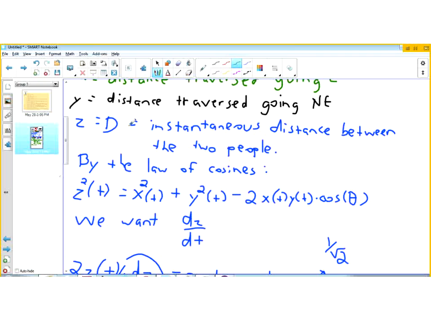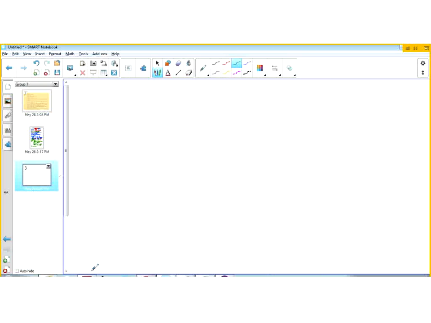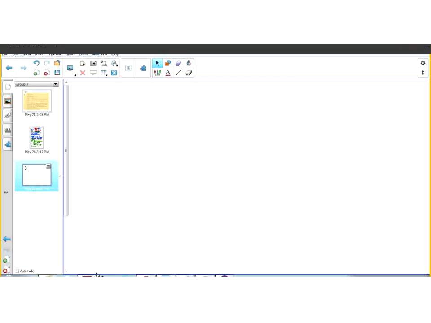Let me see, 23. So let's talk about problem number 23, on the next page in the text. I'm going to paste it into the whiteboard session here.